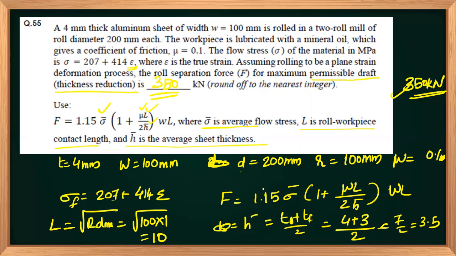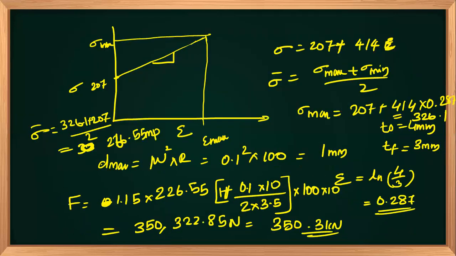For average flow stress, you can use this graph, or you can use the integral formula: sigma bar is the integral from 0 to epsilon of sigma d epsilon. If I integrate this formula, you will still end up with the same answer. Since it's a straight line only, I used the average like this. Otherwise, you can use the integral formula.